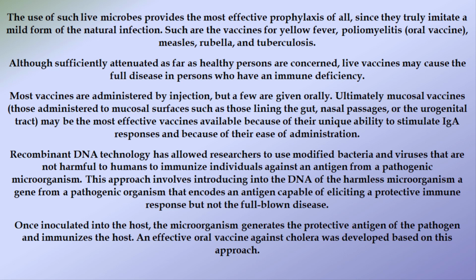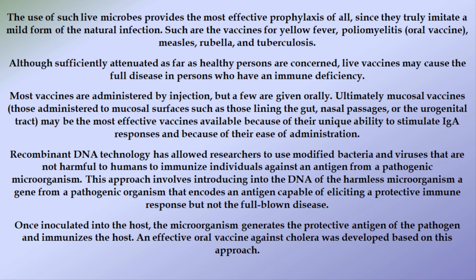Recombinant DNA technology has allowed researchers to use modified bacteria and viruses that are not harmful to humans to immunize individuals against an antigen from a pathogenic microorganism. This approach involves introducing into the DNA of the harmless microorganism a gene from a pathogenic organism that encodes an antigen capable of eliciting a protective immune response but not the full-blown disease.